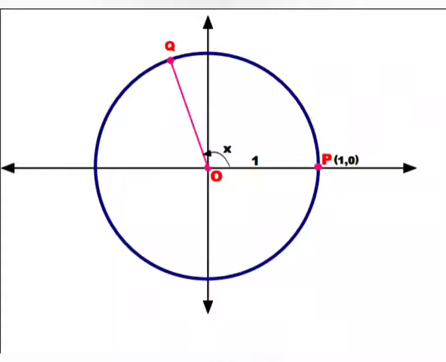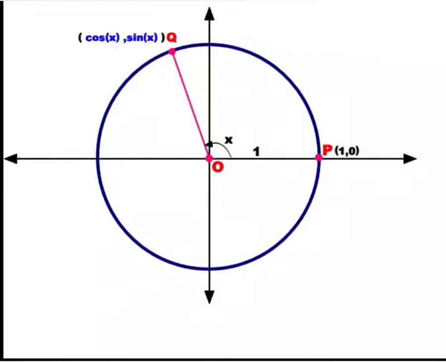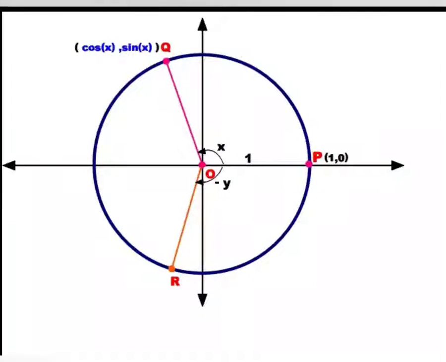Now let us take one more point Q on the circle such that OQ makes angle x with positive direction of x-axis in anti-clockwise direction. Then coordinates of Q are (cos x, sin x). That is, x coordinate is equal to cosine of x and y coordinate is equal to sine of x.